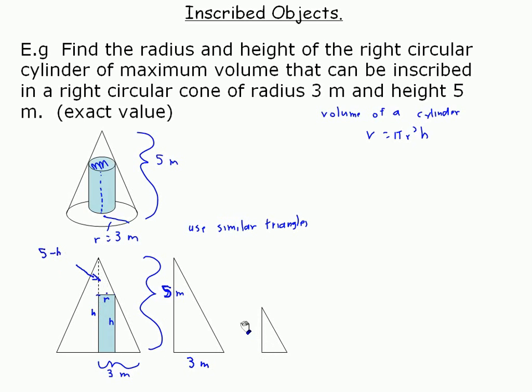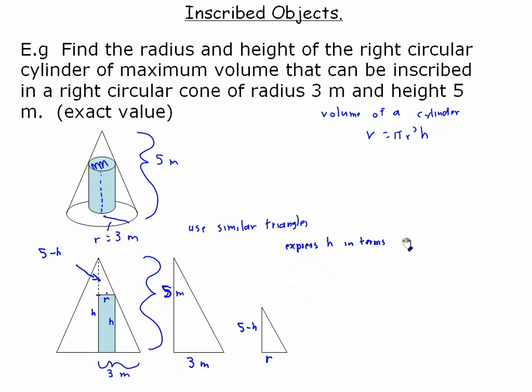So that gives us the dimension there, 5 take away h. And then this bottom one, well, that's not going to be a problem because this is r right across the bottom. Or it will be a problem, but it's not going to be a huge problem. It's going to be a problem in that we have two variables. Now, what this is all about, by getting the similar triangles, we're still going to be maximizing the volume, but this will allow us to express h in terms of r, or in reverse.